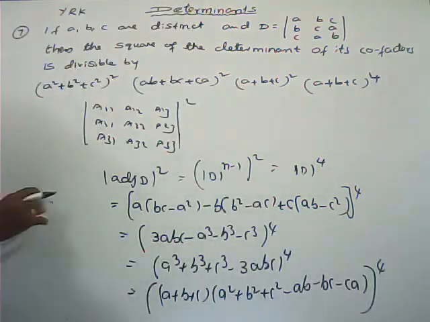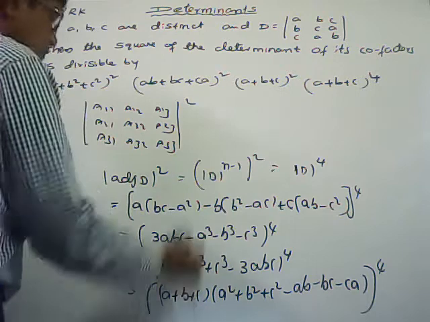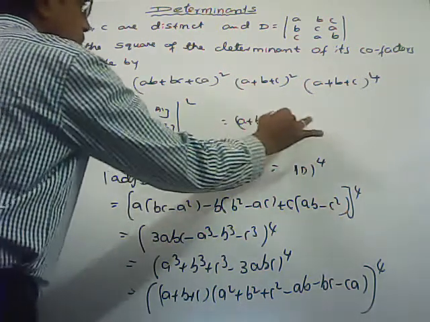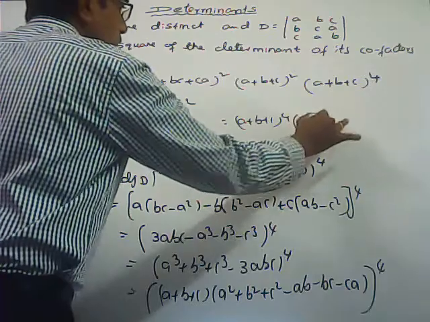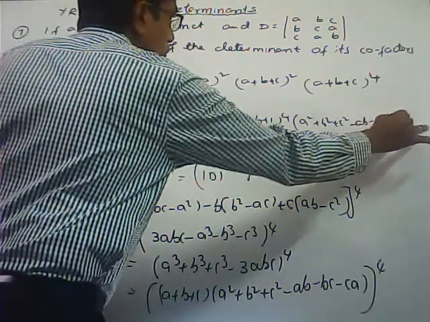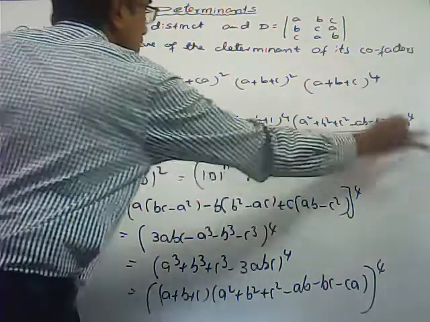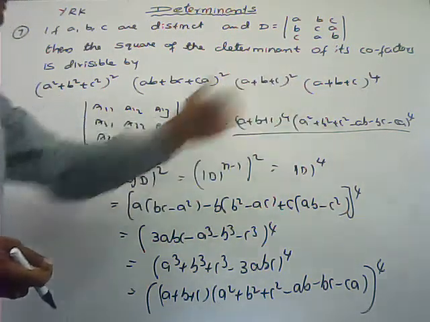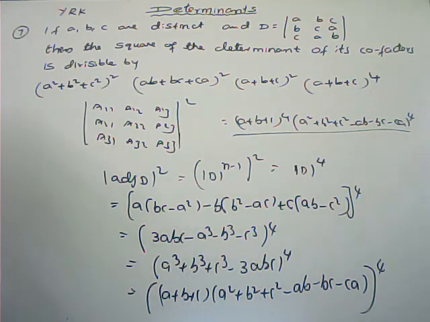If you write separately, that is one more step: A plus B plus C whole power 4 into A square plus B square plus C square minus AB minus BC minus CA whole power 4.